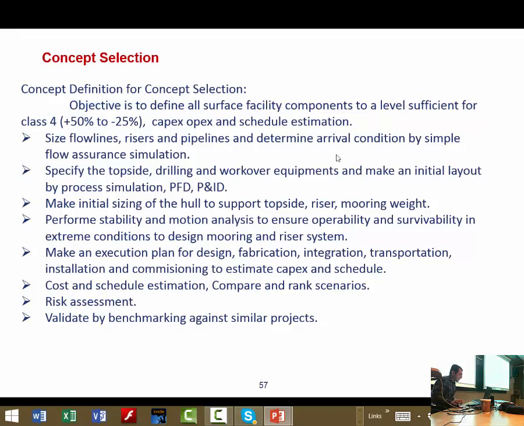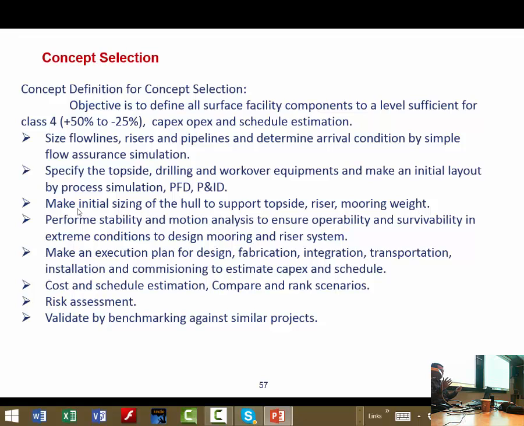Thank you. So in this, for concept selection, the first step is to define the topside layout and weight of all the equipments, and also offloading strategy to know, for example, what is the frequency of shuttle tanker, to specify the parcel size, and what is the frequency of offloading, and based on that, you can estimate if you need a storage, online storage.